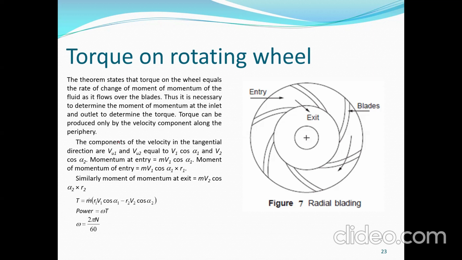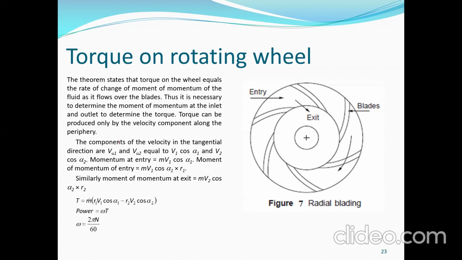So the components of the velocity in the tangential directions, yun nga, tangential, are V sub u1 and V sub u2, equal to V sub 1 cosine alpha 1 and V sub 2 cosine of alpha 2. Momentum at entry is m V1 cosine of alpha 1 times r1.